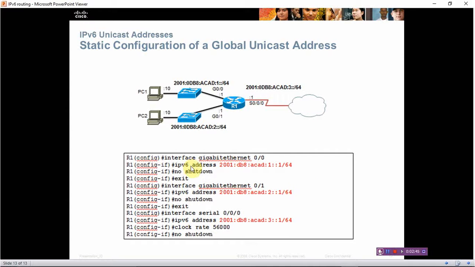The command is ipv6 address, and the IPv6 address is given in the 8-part format. The Gigabit Ethernet is the cable line between this router and switch. Here the clock rate changes to 56000.